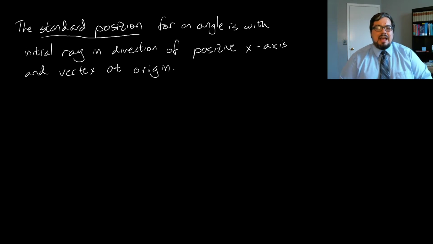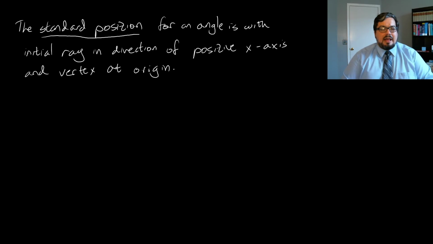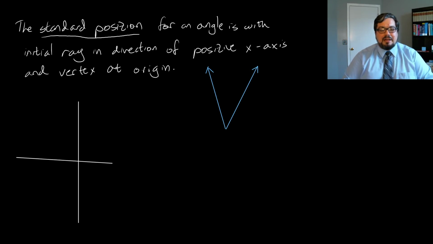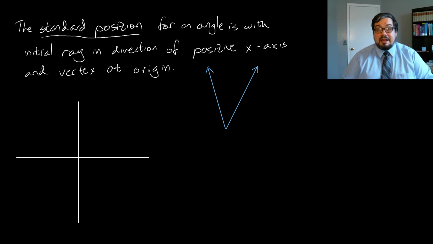So if I have any angle sitting out here in space, let's say it looks something like this, that is going to be congruent to an angle in standard position. We're going to be able to find some angle in standard position that has the same shape and the same size as this one.